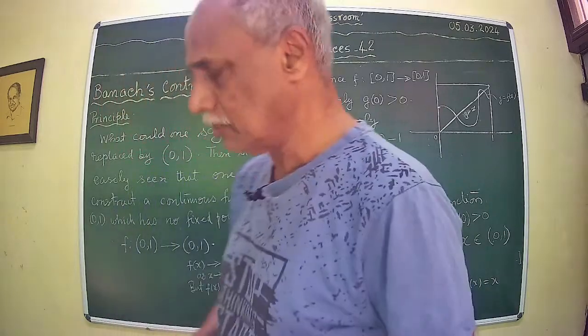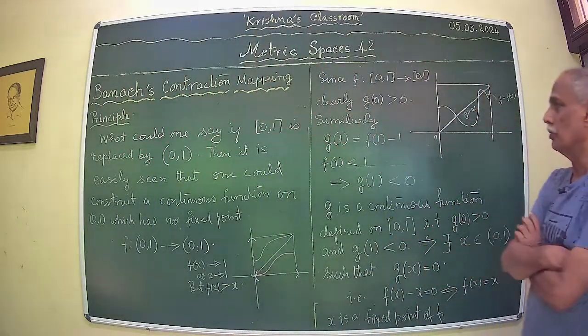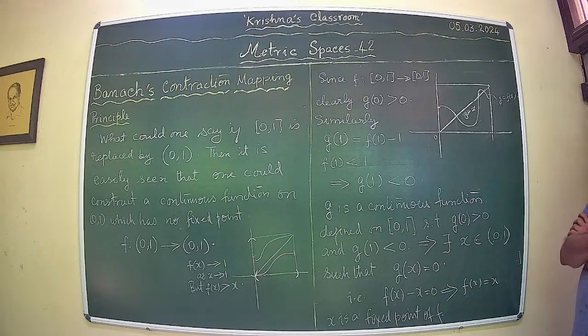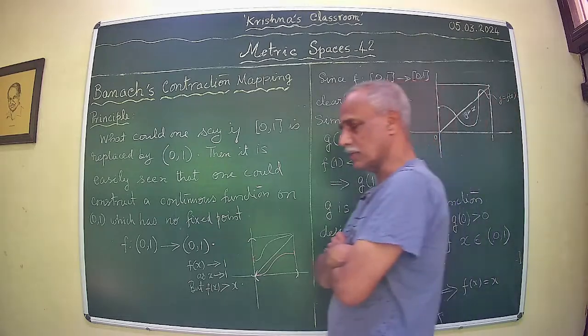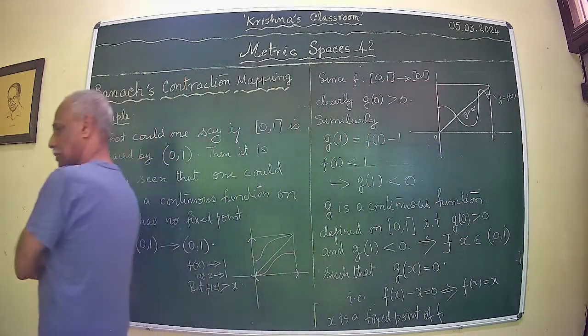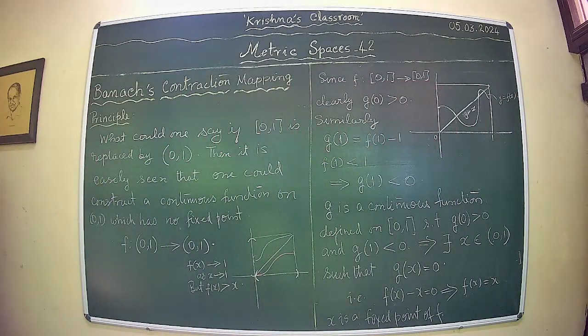Therefore, one observes that if you drop closed boundedness or even closedness, because we are talking about a bounded interval, then the problem becomes difficult.